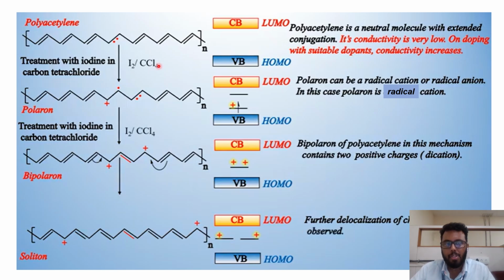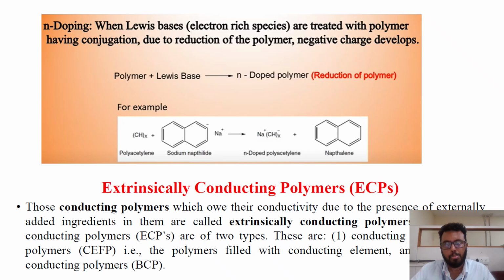Once you react with this, you remove one electron from the double bond's two electrons, so you are forming a positive charge. Similarly, the adjacent double bond also has two electrons, so if you remove one, you get one positive charge. Like that, this positive charge will be moving to the left and that positive charge will be moving to the right. That's how the conduction happens.